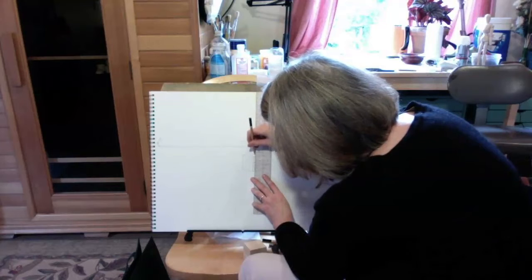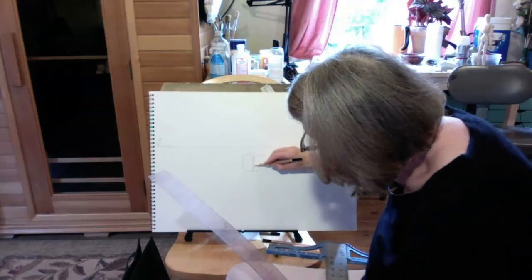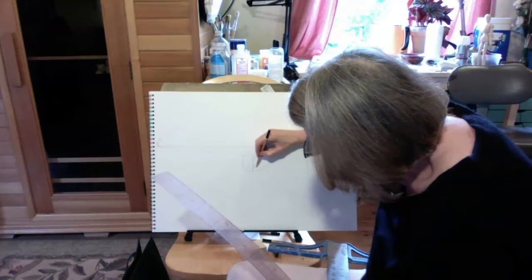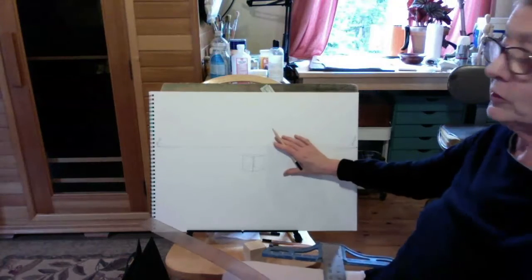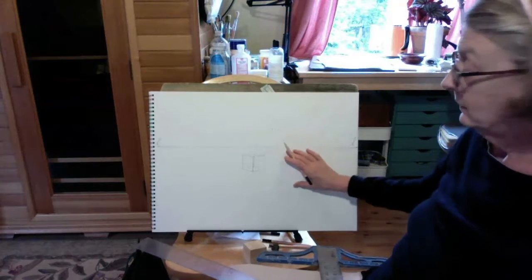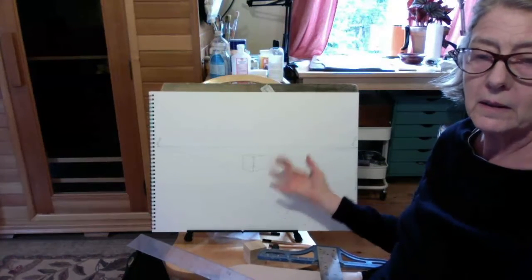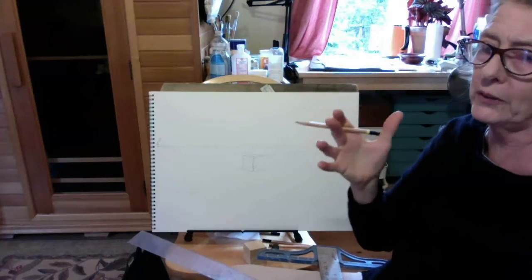The back line of the box is going to be right about there. So there's my cube. Once I draw it, it looks right. But our brains are going to tell us it's not. We have to really focus.